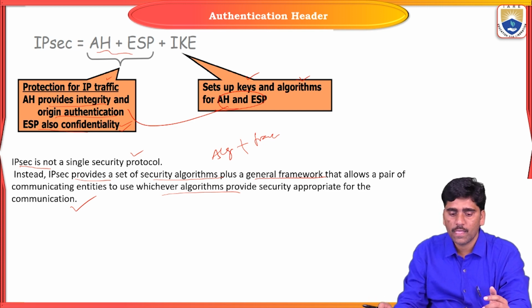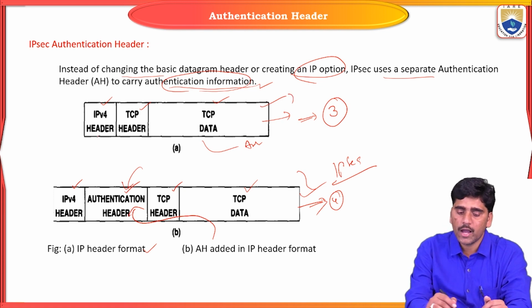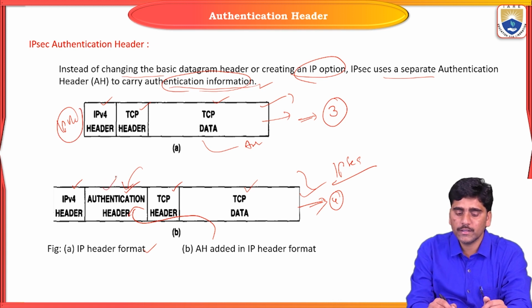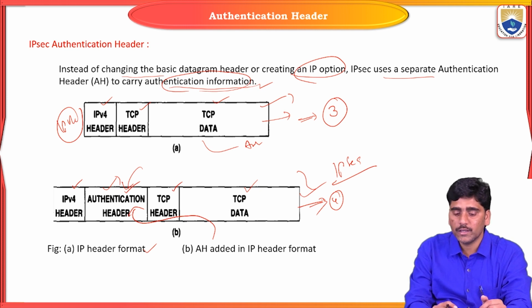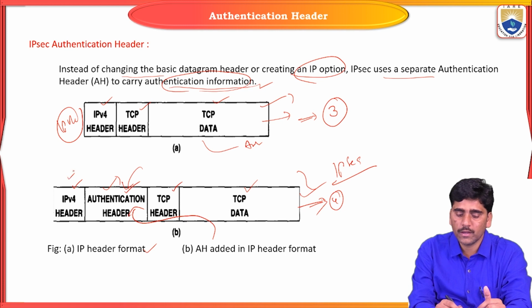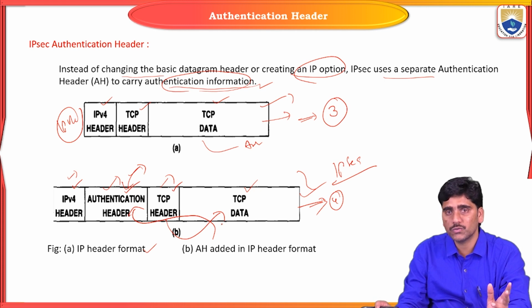And this is the IPv4 header format, and the IPv4 packet contains the authentication header also. So how is the authentication header part of IP security? Here you can see the IP header, the next header of the IP header is the authentication header, and the next header of the authentication header is the TCP header, which points towards the TCP data.